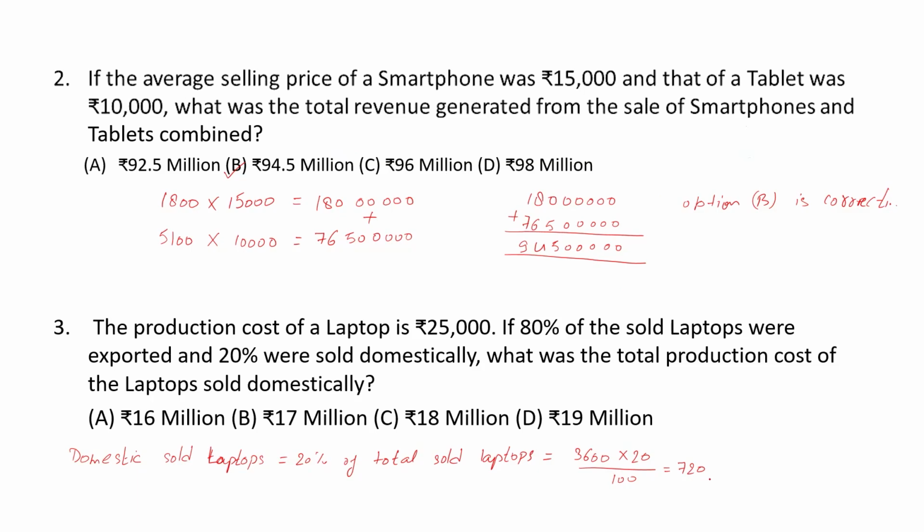Now these many laptops were sold domestically. Now production cost for one laptop is 25,000. Just multiply. So the answer will be 25,000 into 720, and that is equal to 18 million. This is your correct option C.